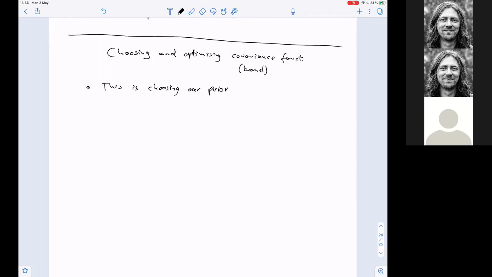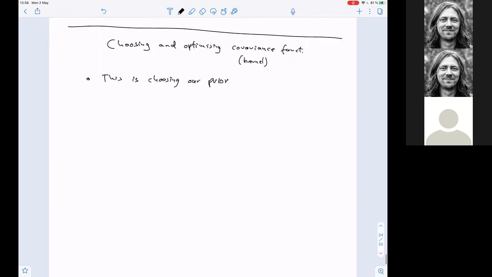So by choosing our kernel function, we choose our prior over function space. And so this choice should encode all our expectations about the true function. So our prior on function space.